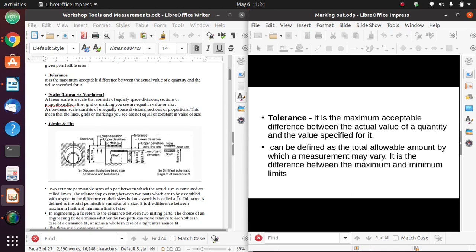If my actual measurement is 100 centimeters, and I say plus or minus 2 centimeters, my maximum limit is 102 centimeters. My minimum limit is 98 centimeters. Those two extreme ends of the measurement in which the actual measurement is contained are what we term as limits.